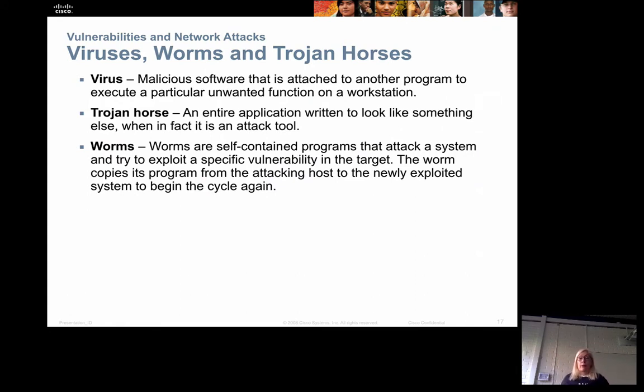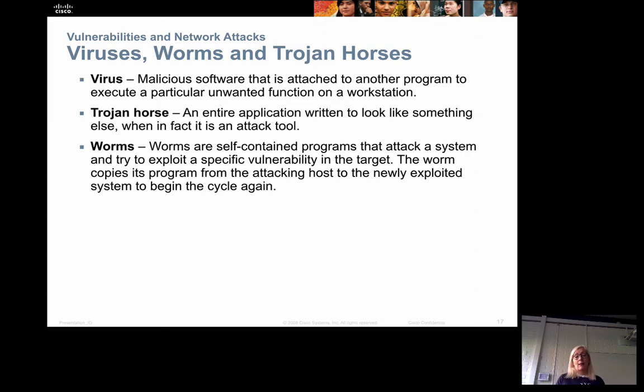Then there are, of course, all the usual types of viruses, worms, and Trojans, which are types of threats to our network. A virus is a program that can execute itself and do something that we don't want on a workstation. A Trojan is a tool that looks like something other than what it is and could be just asleep inside our network and then be awakened from the outside and then do something or open a back door, for instance.